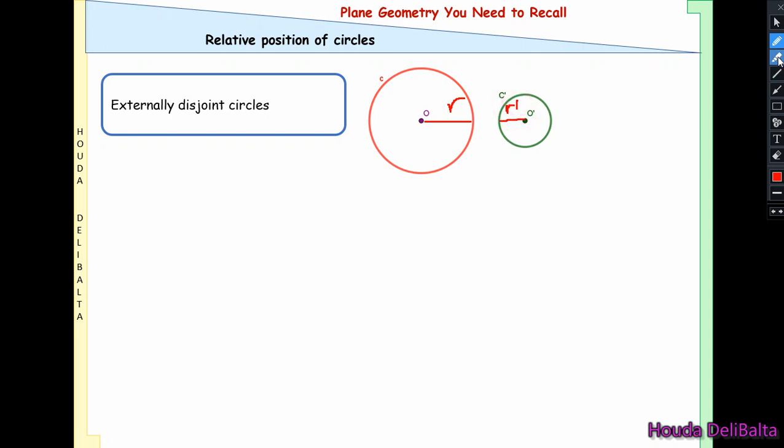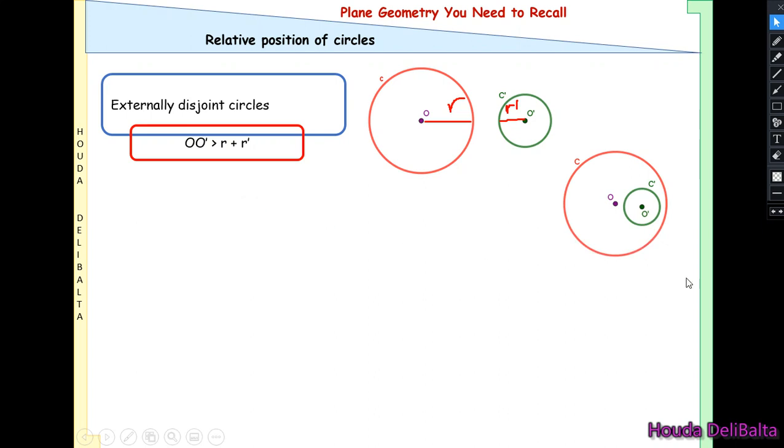There is a property concerning the radii that says that the distance between the centers OO prime is definitely greater than the sum of the radii because there is a space, a distance, here. So in logic, OO prime is greater than R plus R prime. Now what about these two circles?